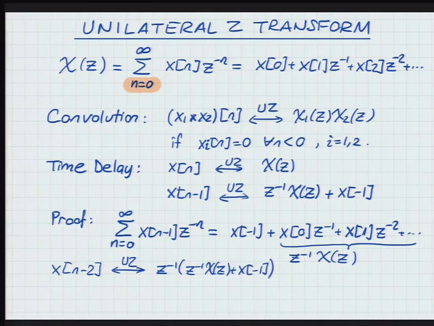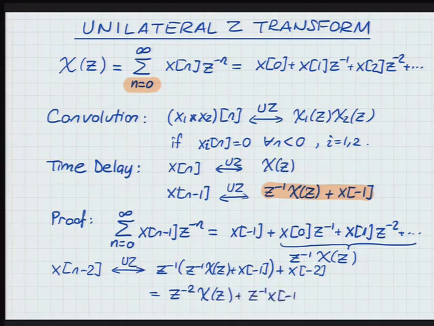But in addition, I need to add the value of x of n minus 1 at n equal to -1, to be consistent with this formula, and that is going to give me x of -2. So if you simplify, you're going to have z to the -2 X of z plus z inverse x of -1 plus x of -2.